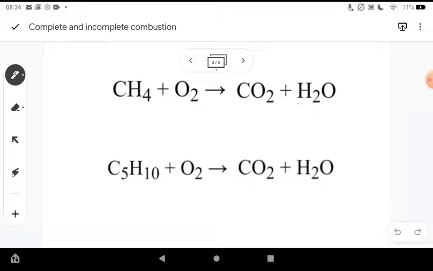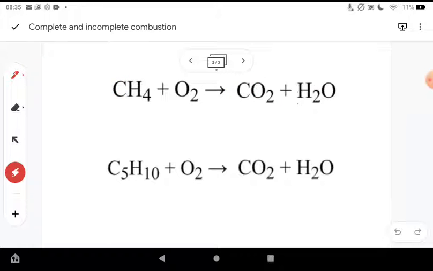If I take two molecules here, methane, which is smaller, it's just 1 carbon and 4 hydrogens, and pentene, which is 5 carbons and 10 hydrogens. I need to balance this as an equation. To do that, I normally go for the carbons first. They're fine, so the carbons are balanced.